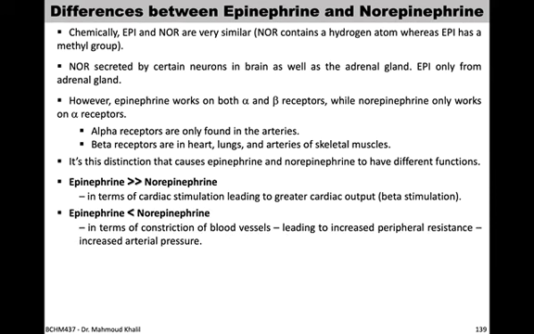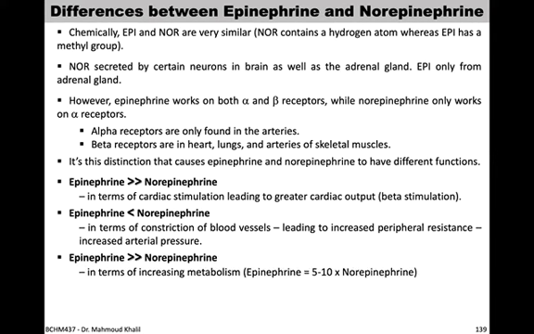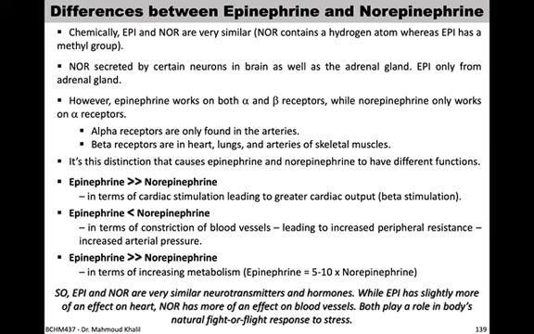Epinephrine has a lower effect than norepinephrine in terms of constriction of blood vessels, which increases the peripheral resistance and the arterial pressure. Epinephrine also has a way higher effect in terms of increased metabolism. Actually, it was found to be 5 to 10 times more effective than norepinephrine.